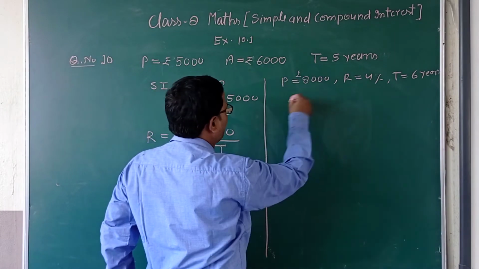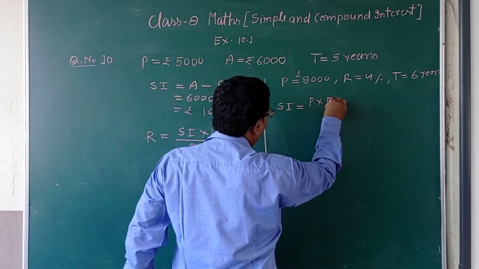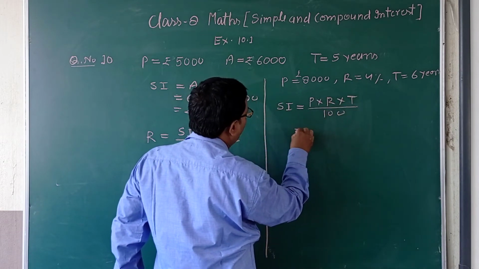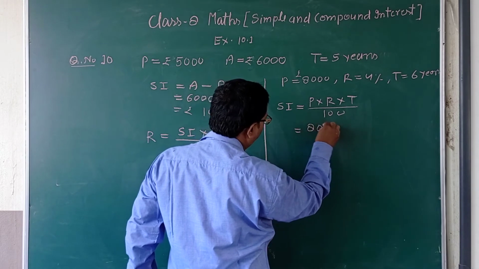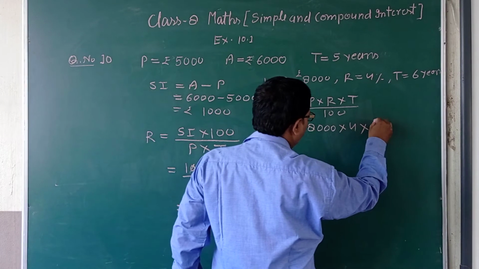First we calculate SI. P into R into T upon 100. Principal is given 8,000, rate 4%, time 6 years.